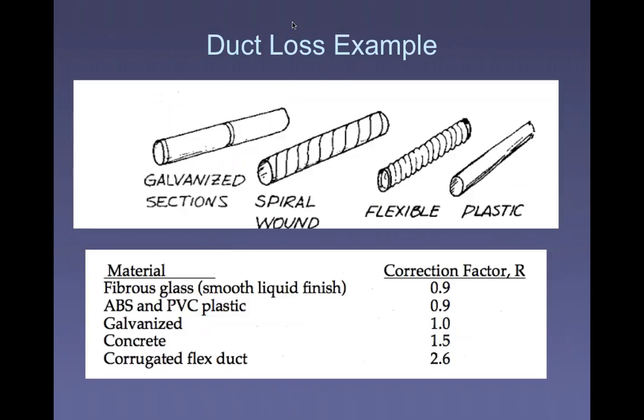Friction loss, should I write it out? Well, you'd probably identify what it's for. For instance, for elbow loss, it's loss to friction. All of these are losses to friction. What you're losing in an elbow in static pressure is a friction loss.